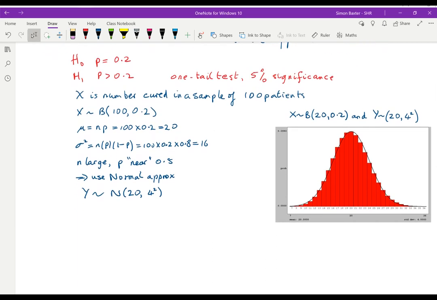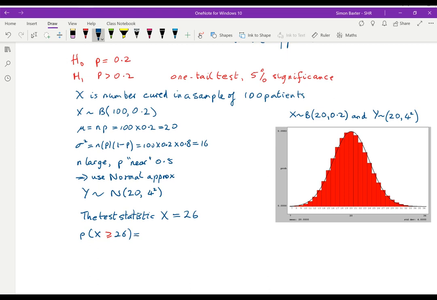The test statistic X is 26. So we are looking for the probability that X is greater than or equal to, I keep emphasizing the equals, 26.